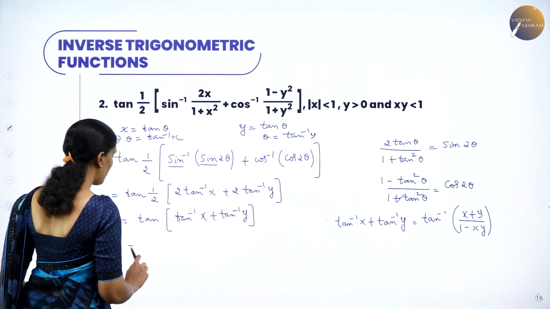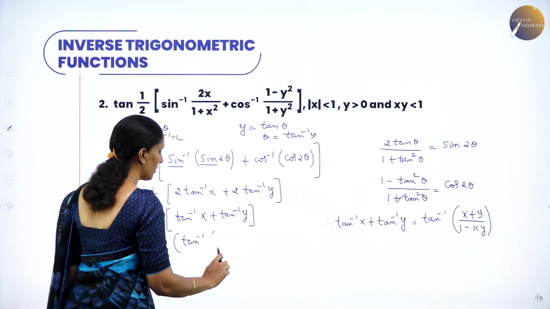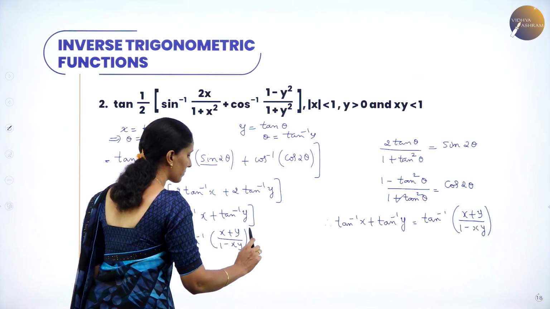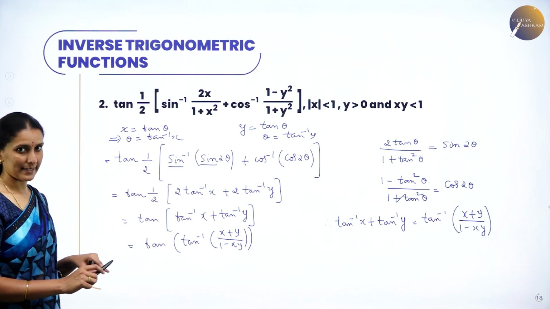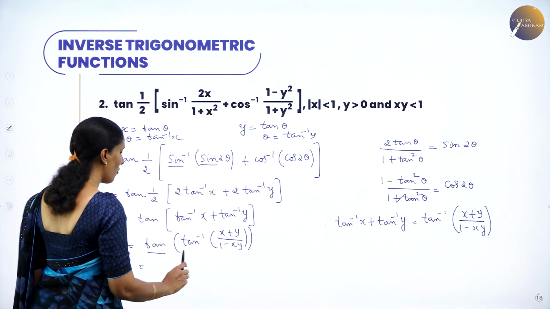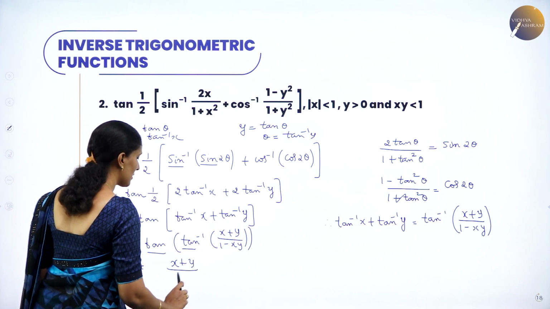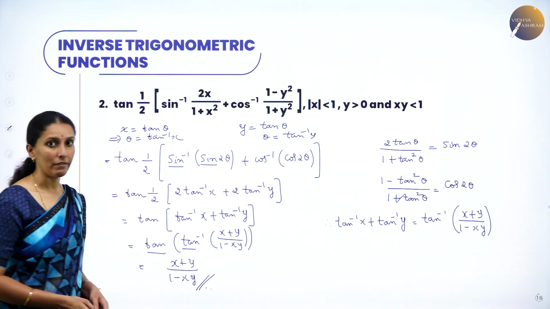So here if you replace this by tan inverse of x plus y by 1 minus xy, we know that tan of tan inverse x is x. So therefore, it is x plus y divided by 1 minus xy. So this is the value of the given function.